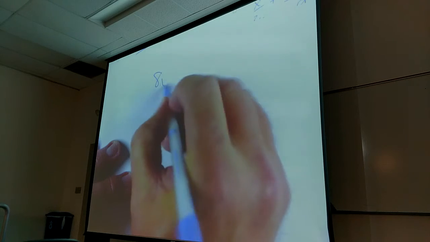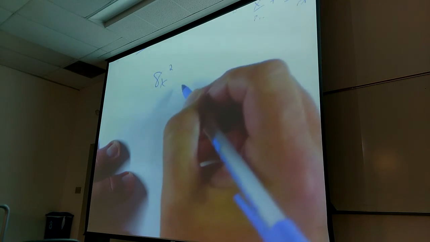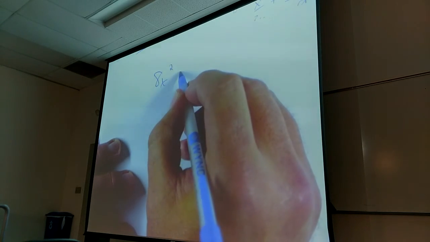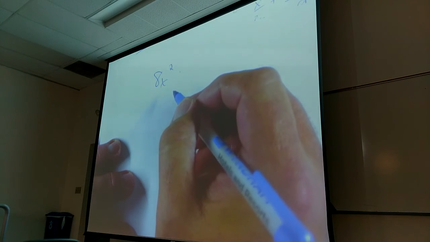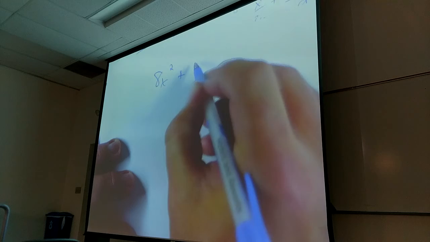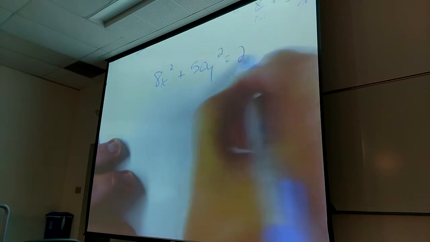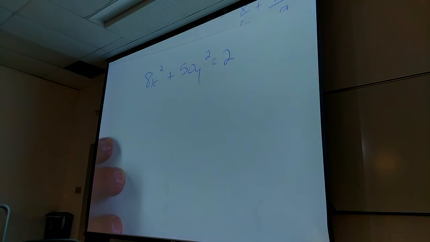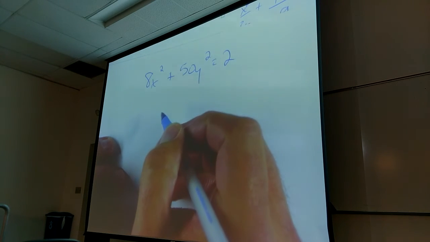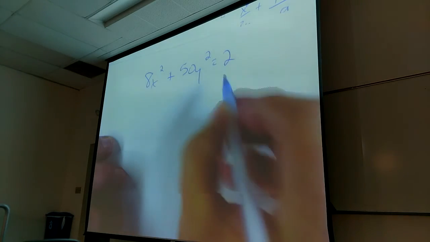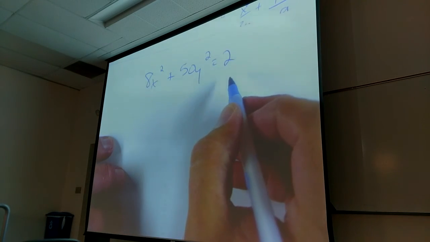Let's do 4x squared plus 50y squared equals 2. So the very first thing, divide by 2.